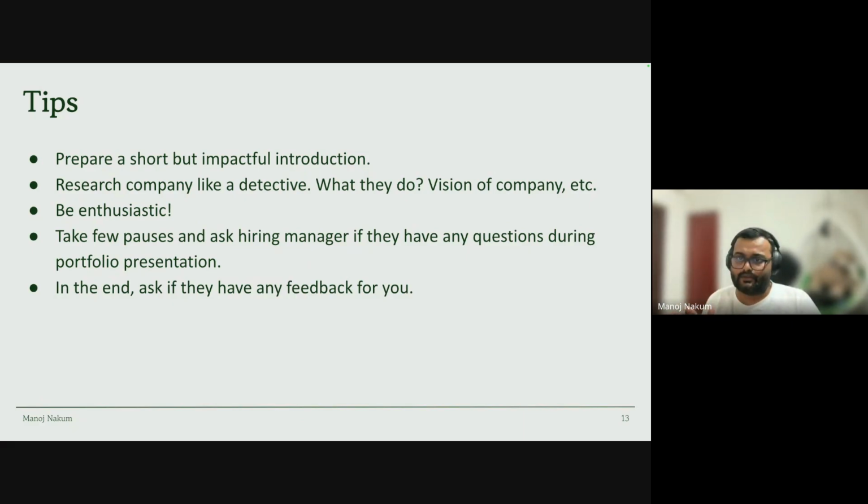You might see that this company works in this way, and their hiring style and questioning style might be different, so your application would be gold for them. In some companies that might not be. So in the end, if they give you any feedback, take that feedback as a positive. And if there is anything that you need to work on, just write it down and work on it for your next round. Always ask for feedback.